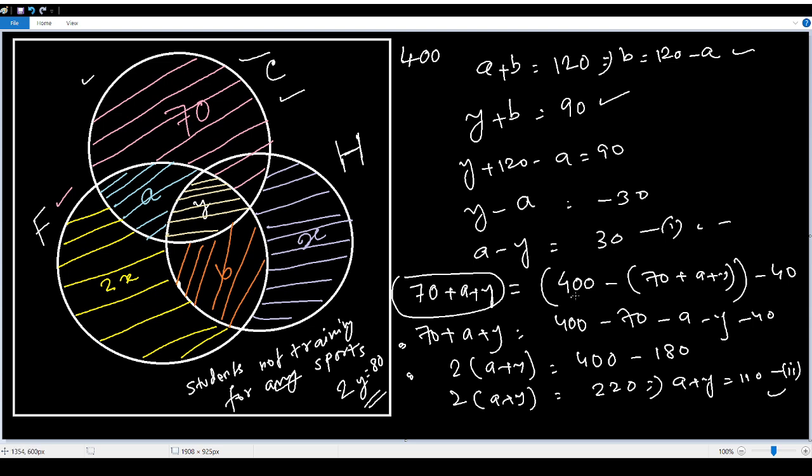So how many people are not playing cricket? 400 is the total number of people, from there we subtract 70 plus a plus y, the number of people who are playing cricket. This is the number of people who are not playing cricket, only not playing cricket. And from there, 40 needs to be subtracted. So the number of people who are playing cricket is 40 less than the number of people who are not playing cricket, right?